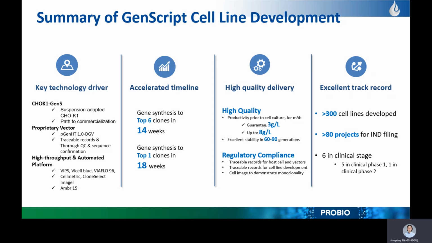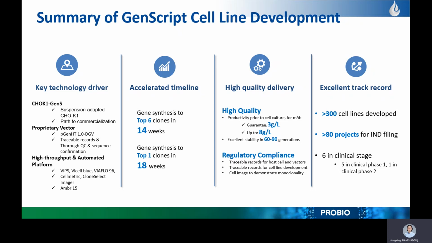We are constantly optimizing the process, and currently we can complete the delivery of DNA synthesis to top 6 clone PCB within 14 weeks, and the introduction of the Ambr 50 mini bioreactor combined with our robust process strategy can complete the top 1 clone selection within 18 weeks.